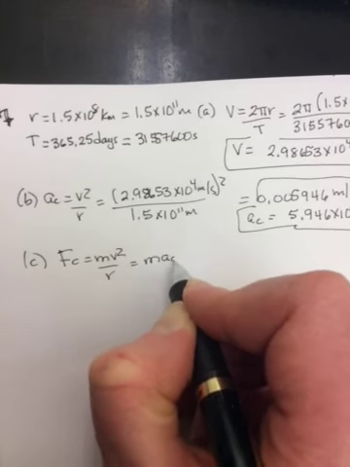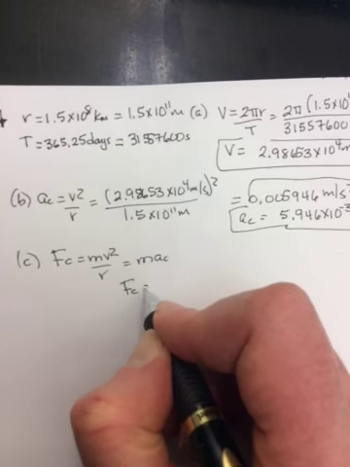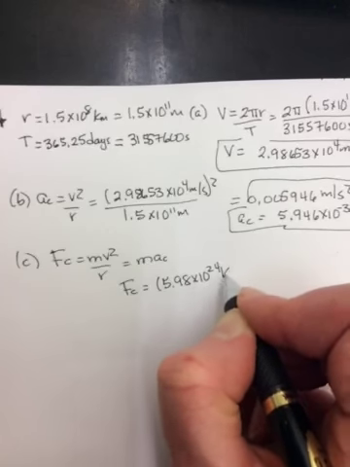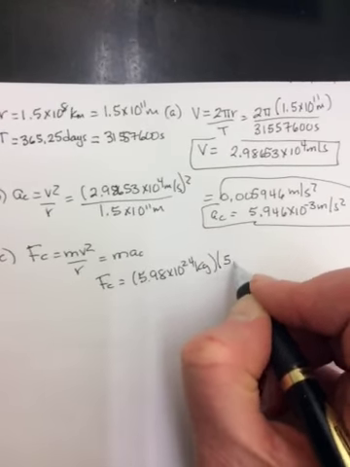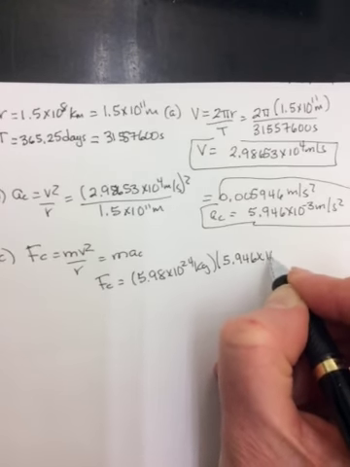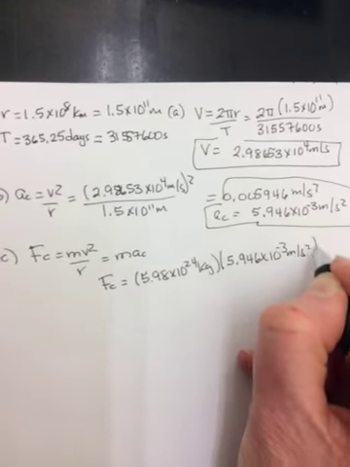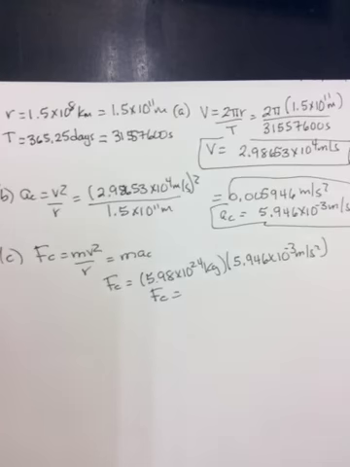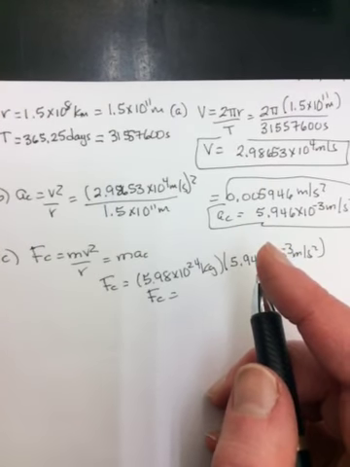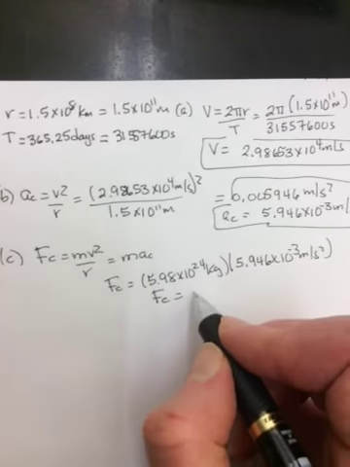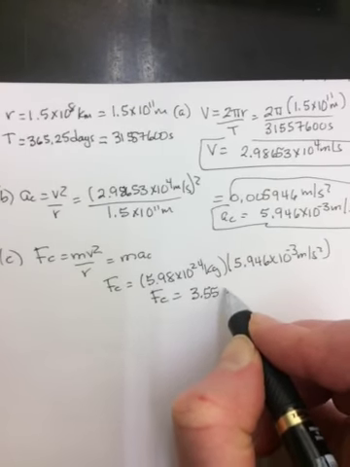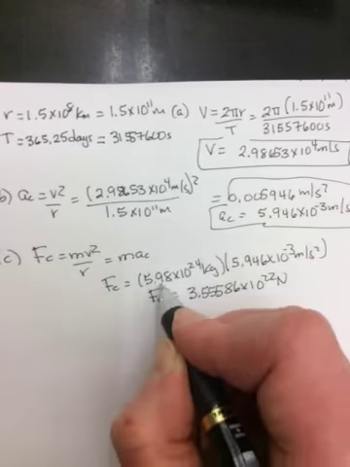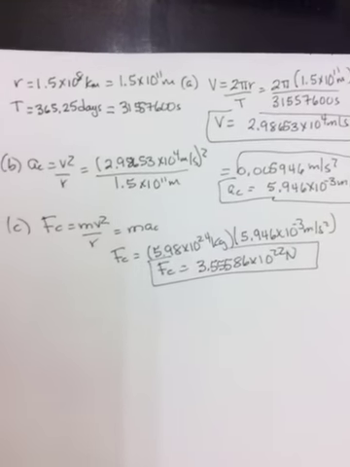It's also equal to m a_c, and since I just found my a_c, it's equal to the mass, 5.98 times 10 to the 24th, which I gave you in the question, times the centripetal acceleration you just found, 5.946 times 10 to the negative 3 meters per second squared, and you should get an F_c of 3.55586 times 10 to the 22 newtons. That's a fairly significant force.